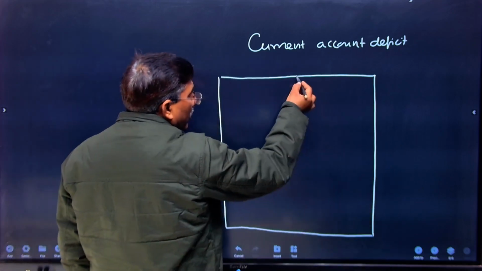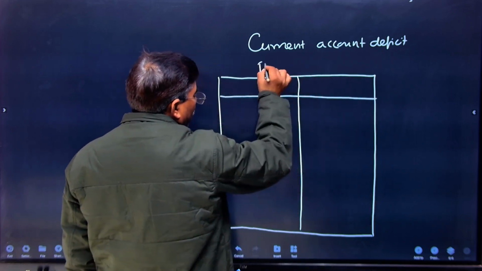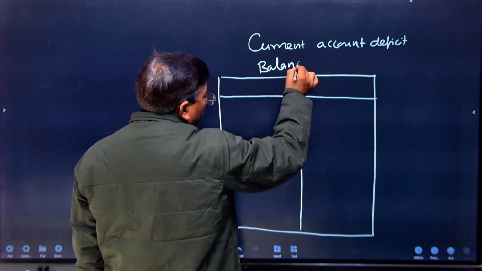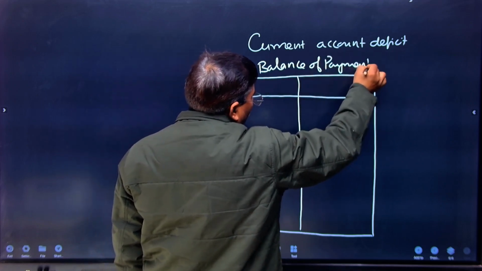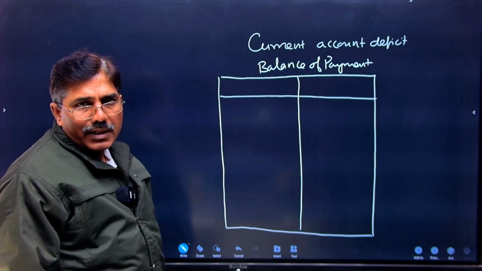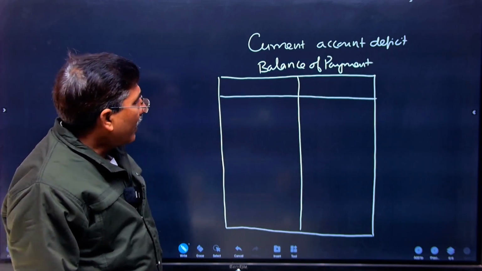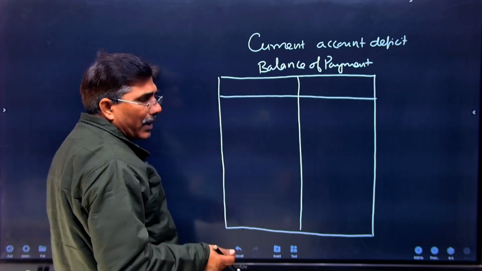in our balance of payments, what are we including? The balance of payments in India includes two accounts. One is known as the current account, the other is known as the capital account. The current account deals in three items of export and import.